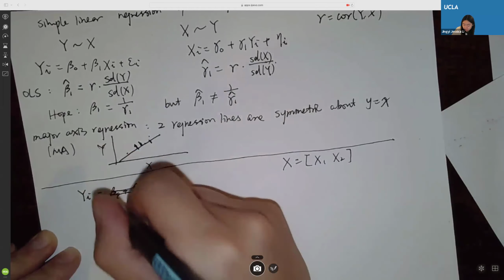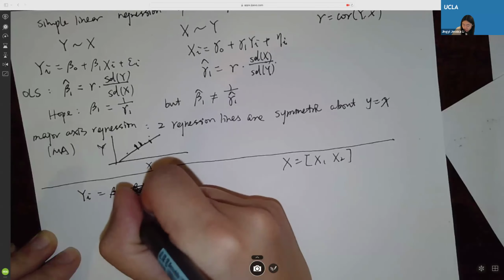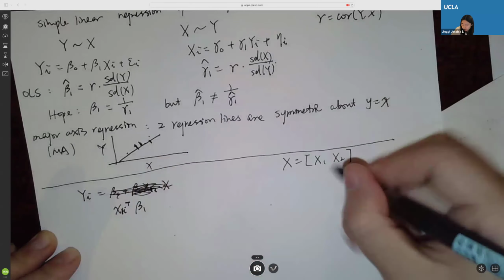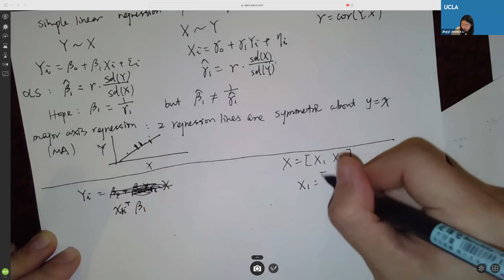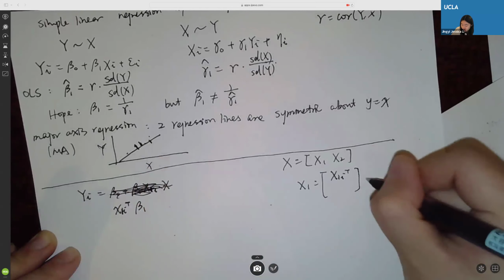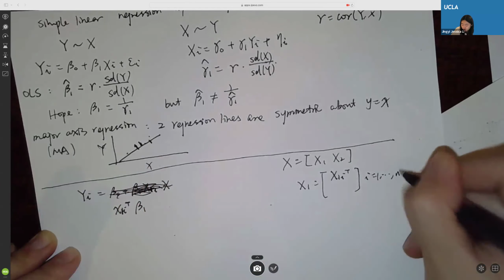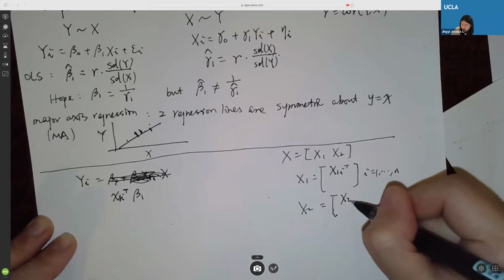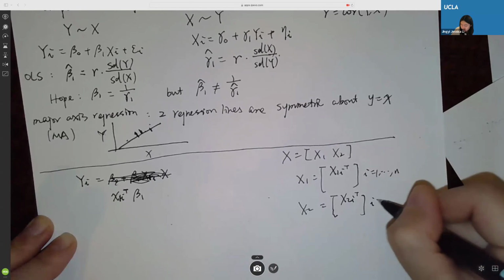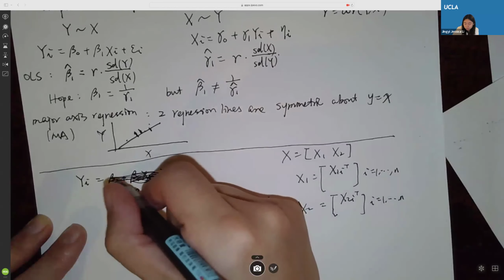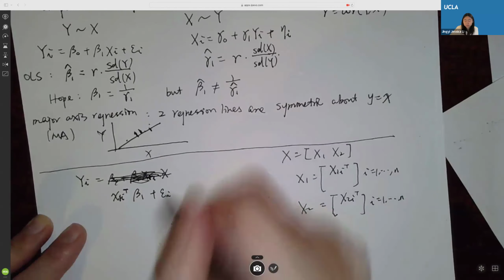So I'll write y_i equals x1_i transpose beta 1. For x1, I'll just call the rows x1_i transpose, i from 1 to n. And for x2, I'll write the rows as x2_i transpose, i also from 1 to n. So this is the first model, with epsilon_i.